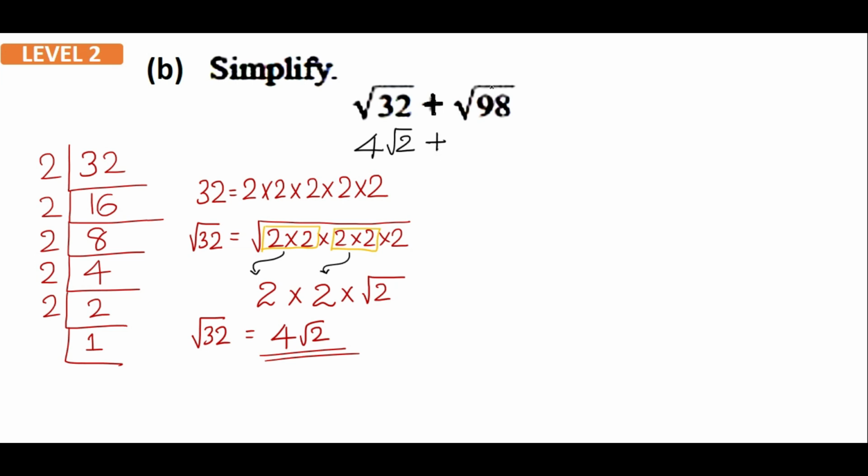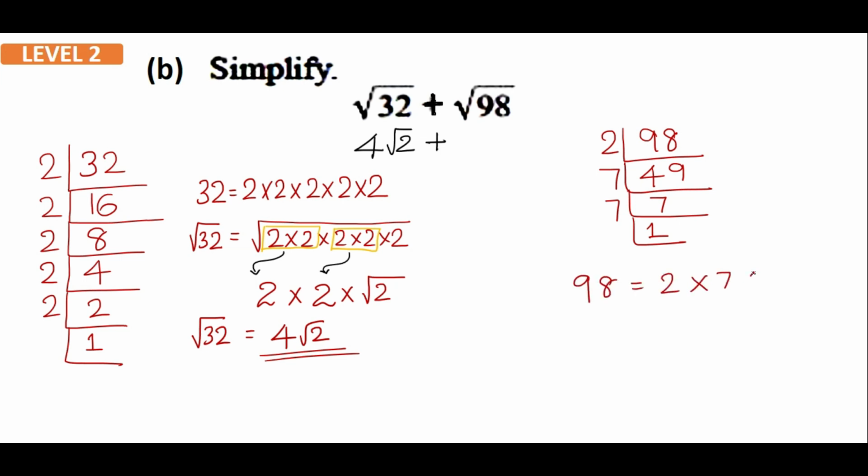Plus, now I have square root of 98. I'll do the same process. So 98 is equal to 2 times 7 times 7. So square root of 98 is going to be square root of 2 times 7 times 7. I have 7 times 7 here.